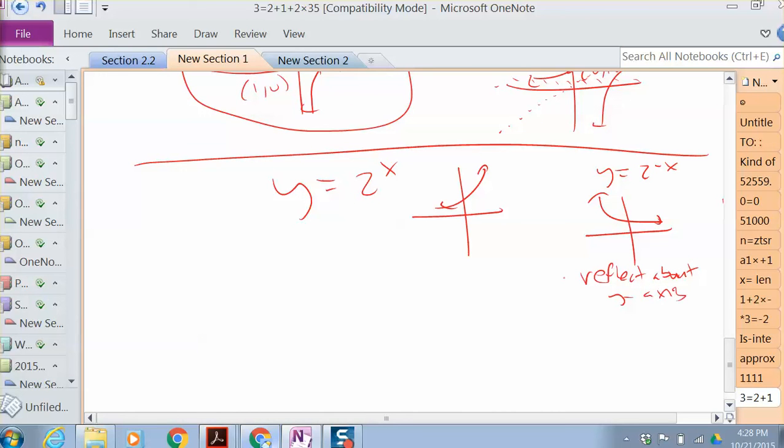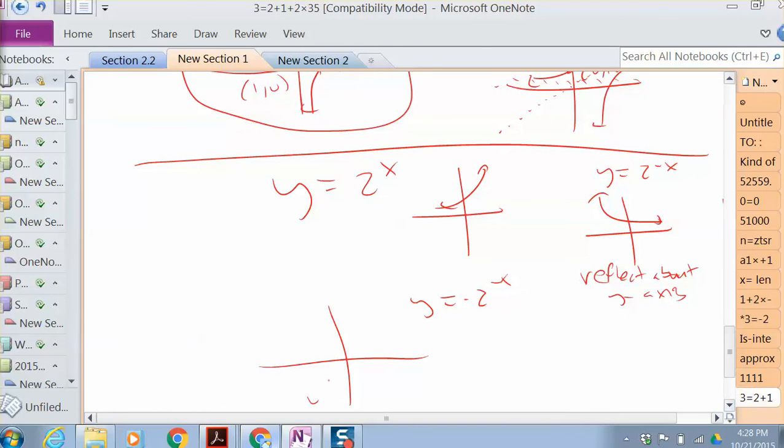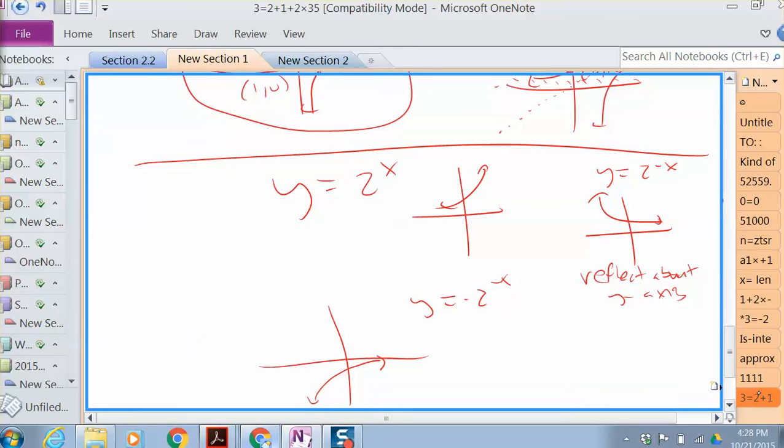And then negative 2 to the negative x, you reflect that bad boy about the x-axis. That's what's going to look kind of like e. It's kind of weird. And that's what happens there. So basically I took what y equals 2 to the negative x was and reflected about the x-axis.